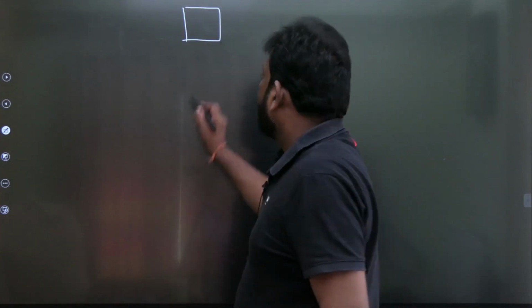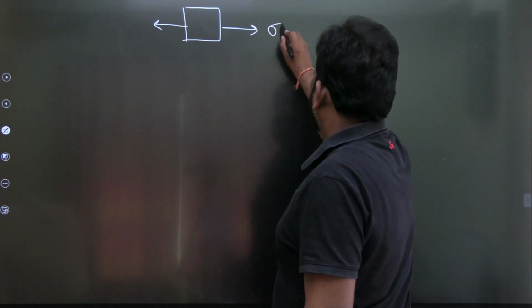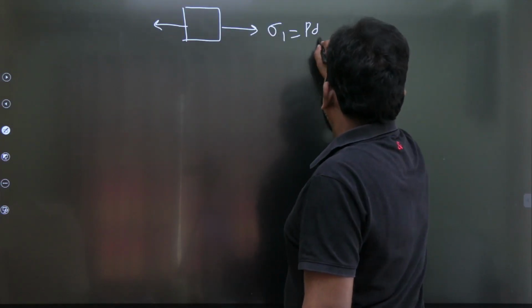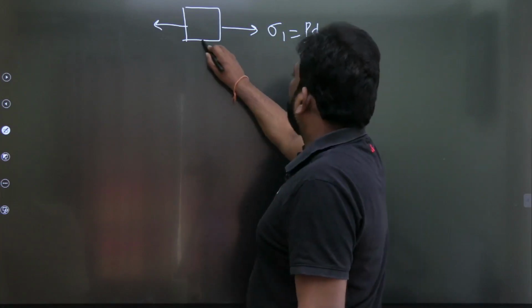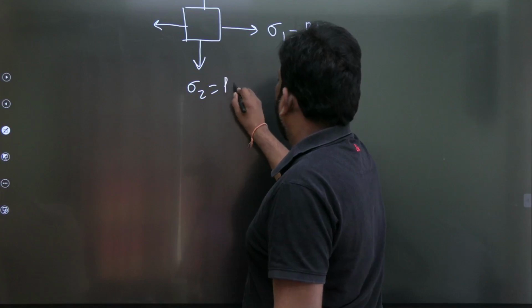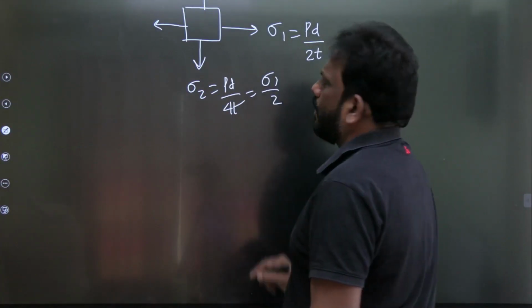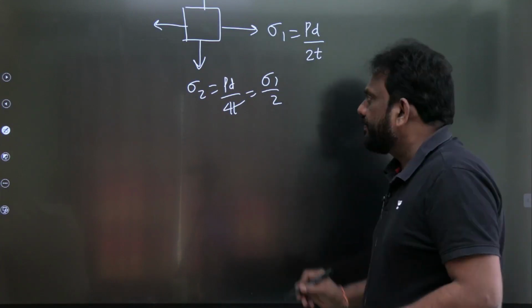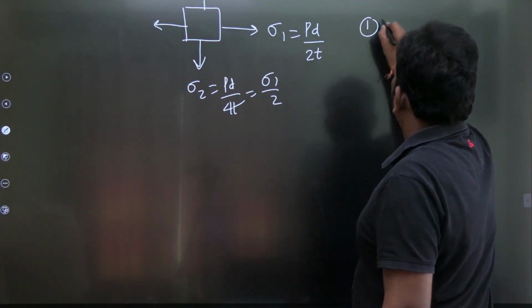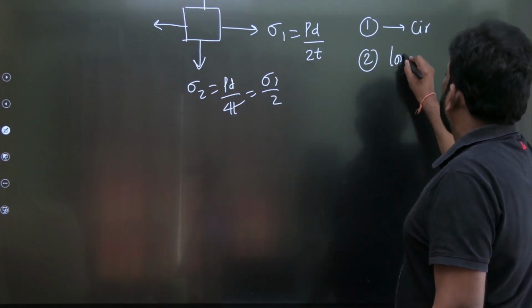I have also derived in my regular classes, with the help of models, that the circumferential or hoop stress is given by PD by 2T, and the longitudinal stress is given by PD by 4T. So this can also be written as sigma 1 by 2. Now, let us take 1 as the circumferential direction and 2 as the longitudinal direction.